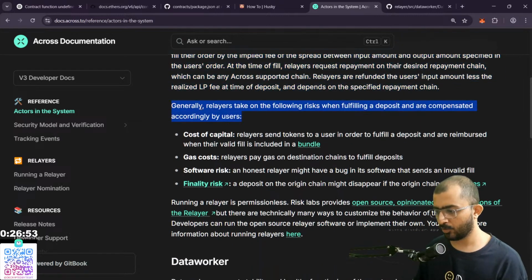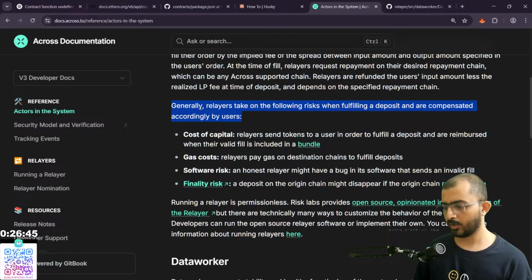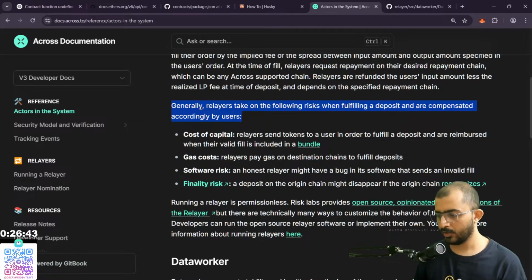Generally, relayers take the following risks when fulfilling the deposit and are compensated accordingly by users. Cost of capital: relayers send tokens to users in order to fulfill the deposit and are reimbursed when their valid fill is included in a bundle.